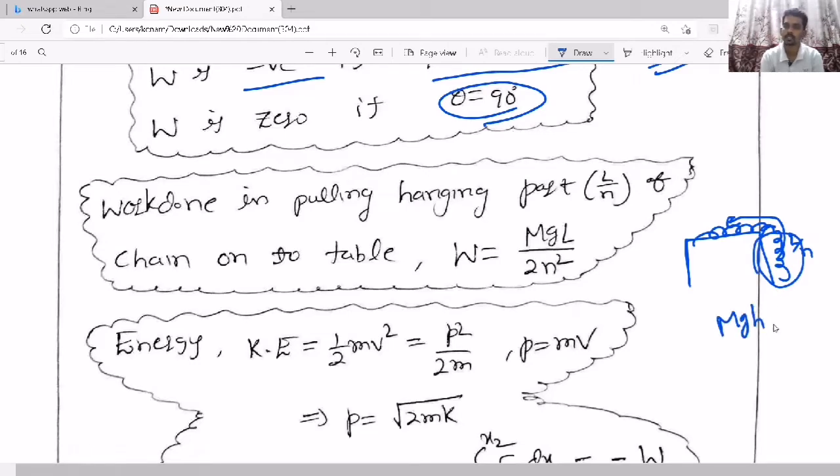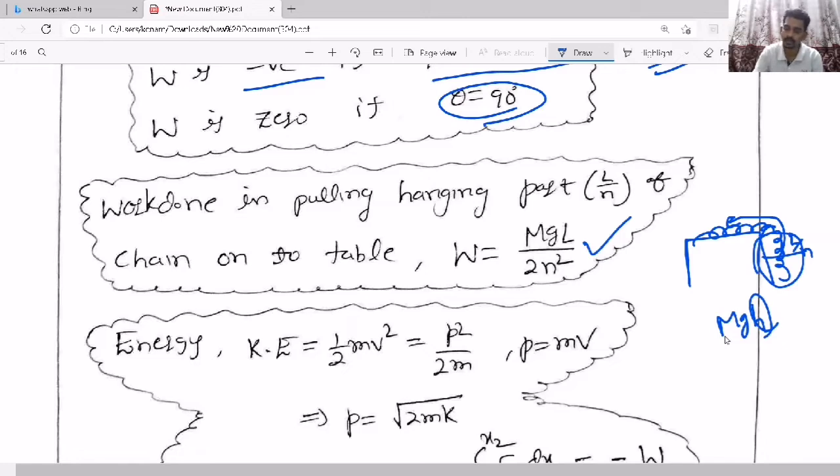So mgh, where h is the height or depth of the center of mass. For continuous bodies or continuous mass distribution, you should consider the displacement of the center of mass. So here you will get the formula mgL by 2n square.